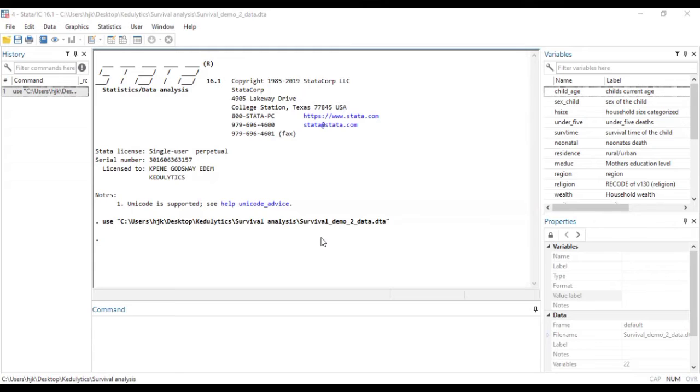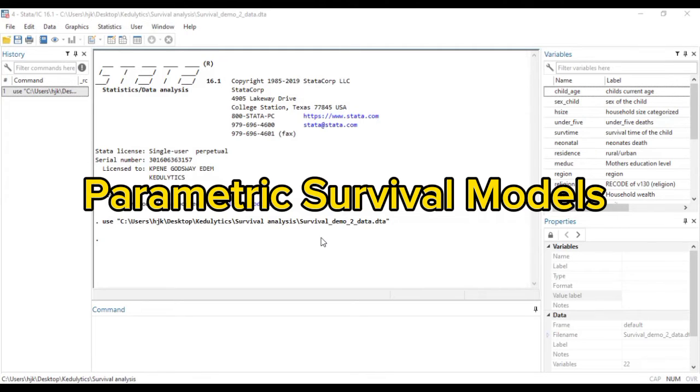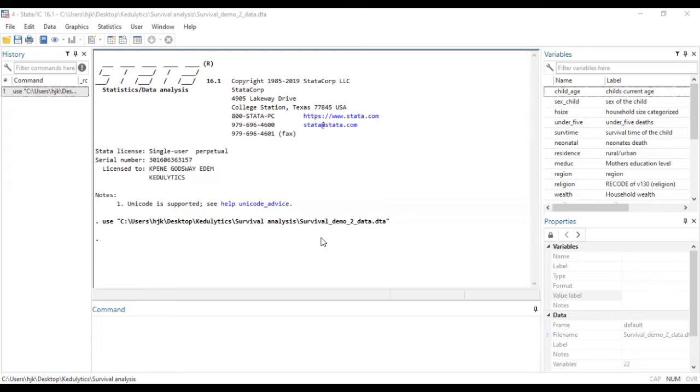In today's brief video, we are going to take a look at the survival parametric models, which are based on the distribution of the data. Generally, we will be looking at the Weibull distribution, and we'll also be looking at the exponential distribution models of survival analysis.